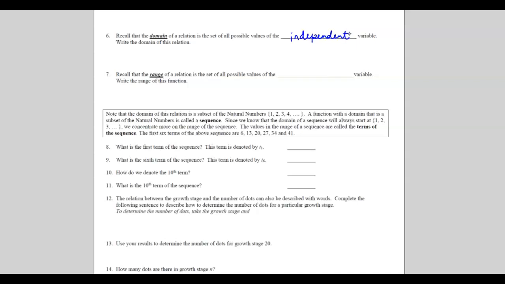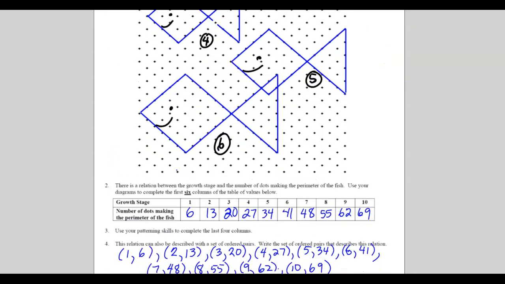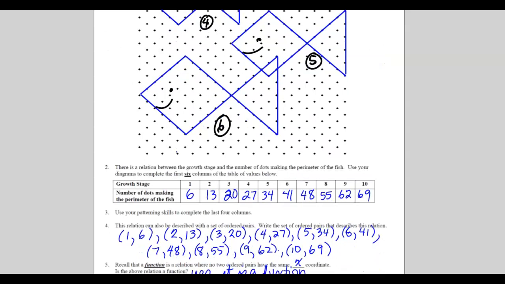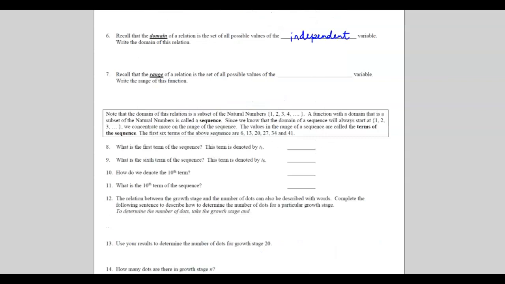So in this particular case, I mean, this could go on forever. So for that table of values in that set of ordered pairs, it would be 1 through 10, right? So 1, 2, 3, 4, 5, 6, 7, 8. Okay? But in reality, we could keep drawing those fish forever. So in that sense, we're going to call these growth stages.